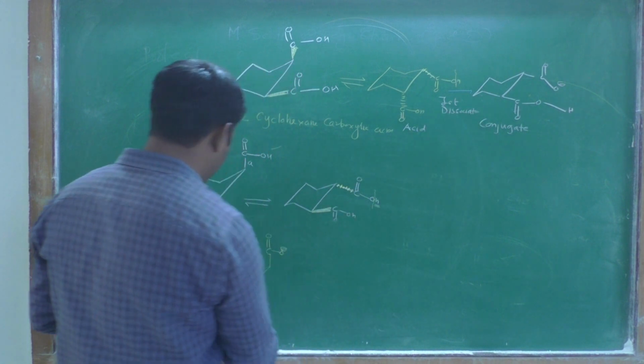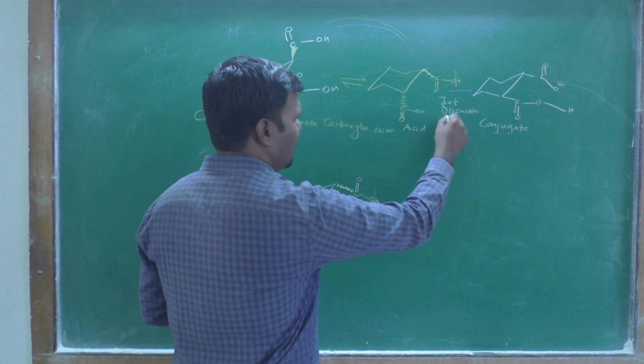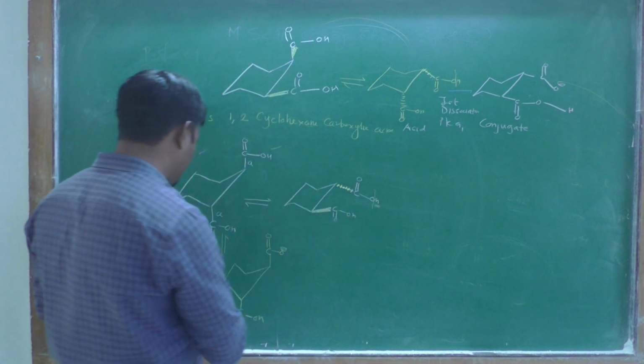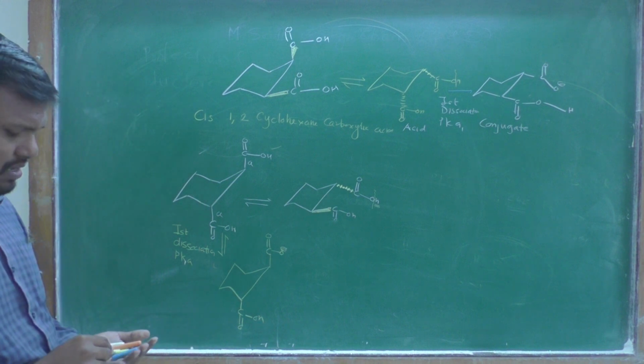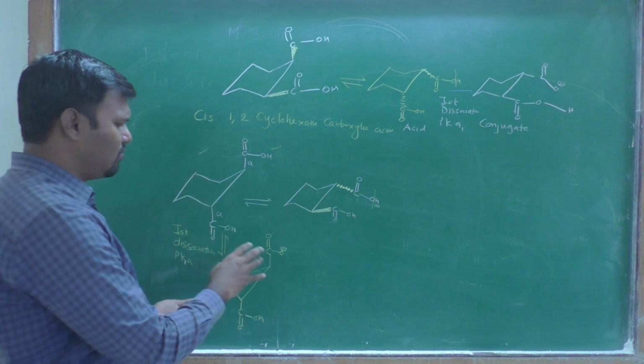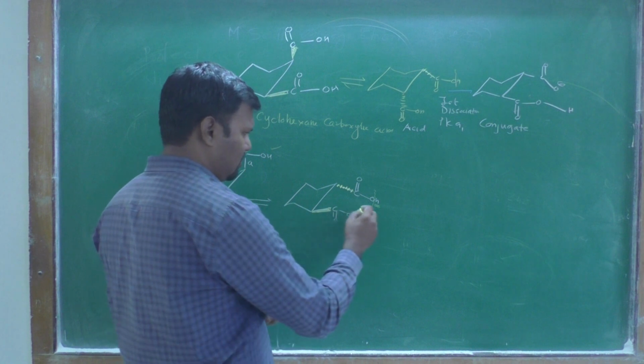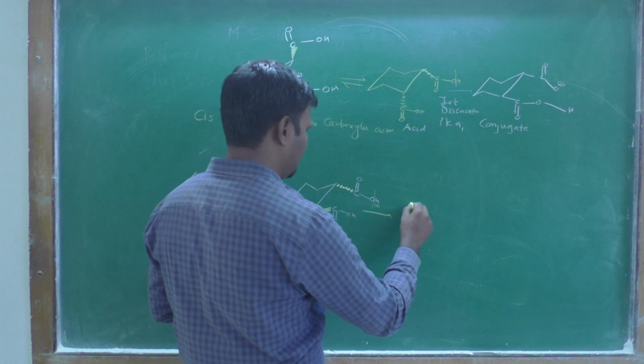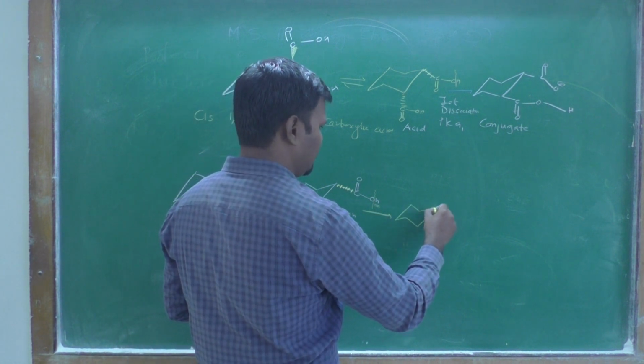In this case it is also the first dissociation, and it has a pKa1 value. When you compare these two molecules, this one is also an isomer, and it dissociates the same way.